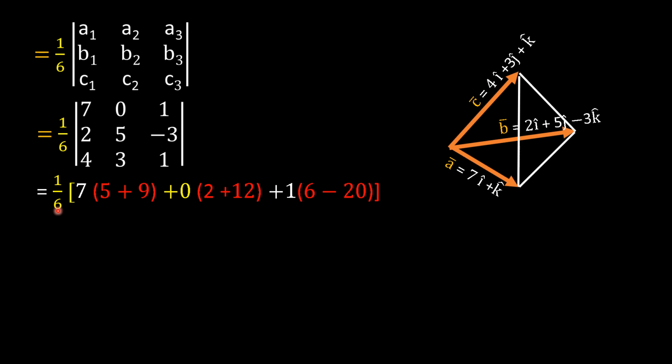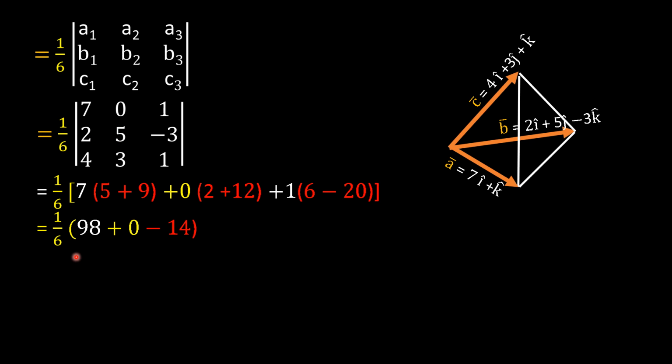which will be 1/6 times 7 times 5 plus 9, plus 0 times 2 plus 12, plus 1 times 6 minus 20.